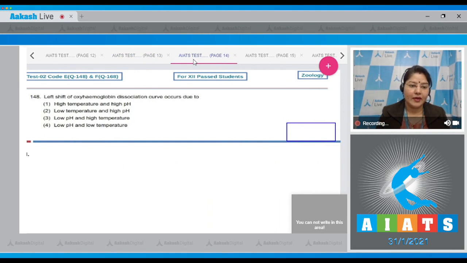Question number 148. Left shift of oxyhemoglobin dissociation curve occurs due to.